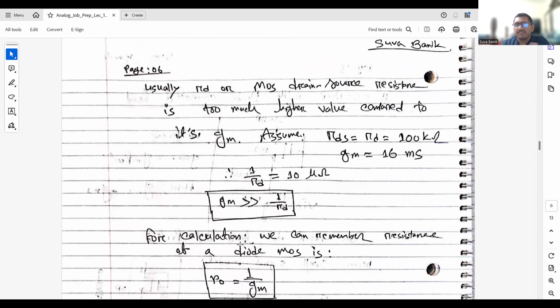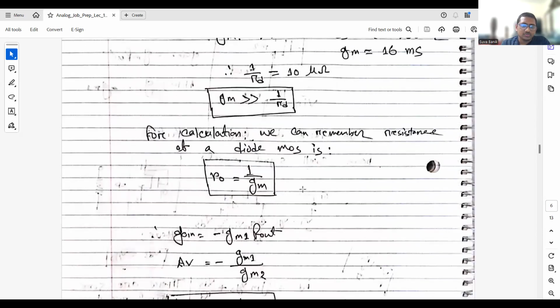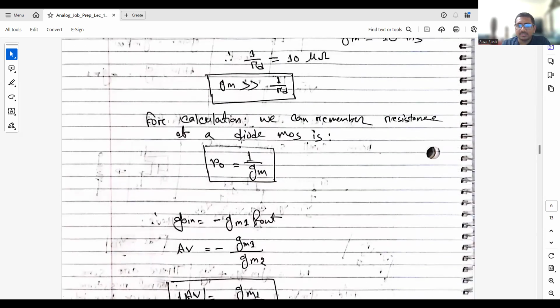It may be 5 millisiemens or 10 millisiemens. Here I consider 16 millisiemens. So whenever we take 1 over RD, as it is kilo, it will be in the micro range. So 1 over RD is too much smaller compared to GM. Therefore, we omit this term. So please remember, the output resistance of a diode connected load is 1 over GM.